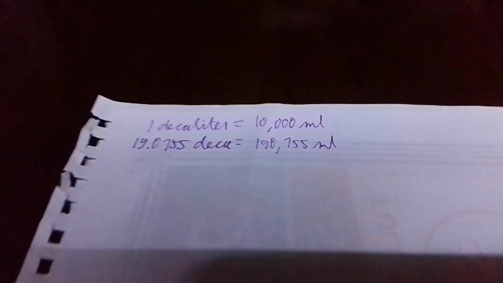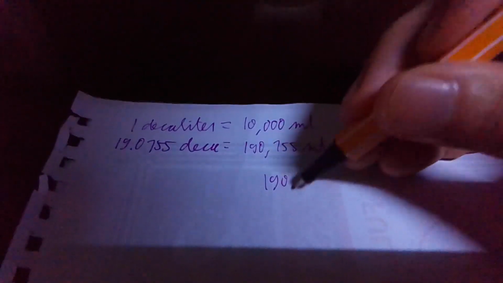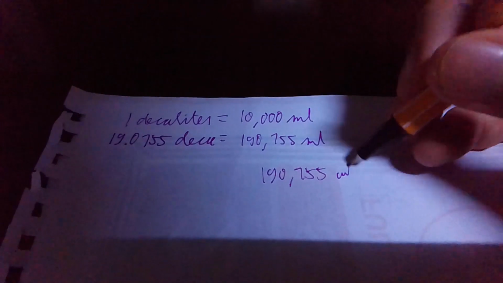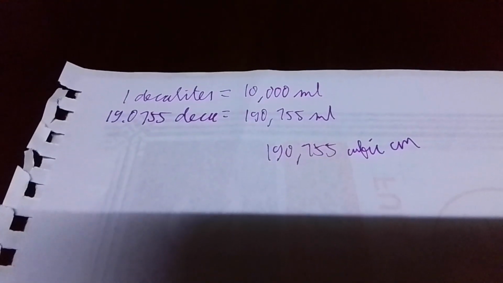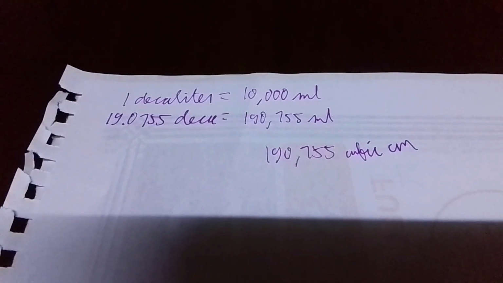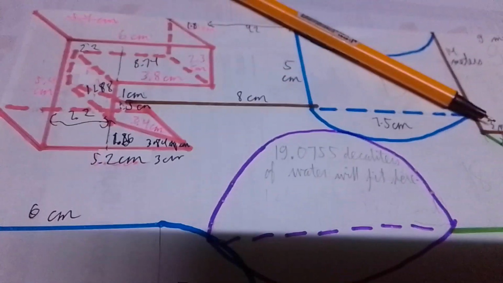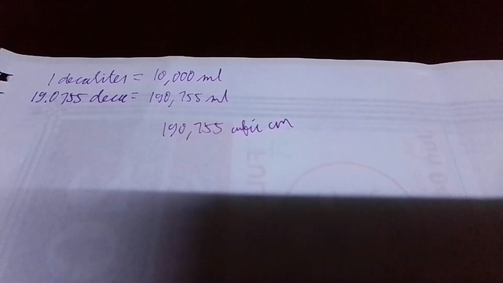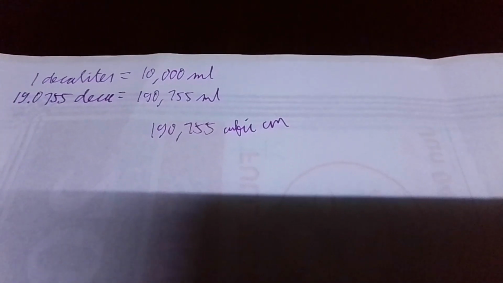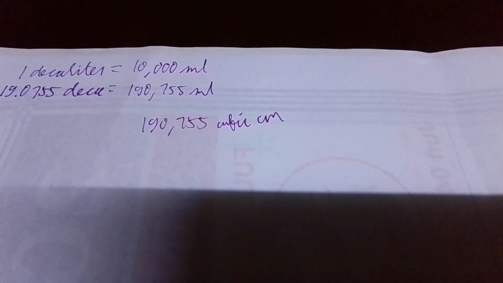So therefore, this has got to be 190,755 cubic cm. Okay? So that's our volume. So that's the volume of the hemisphere. It's 190,755 cubic centimeters.